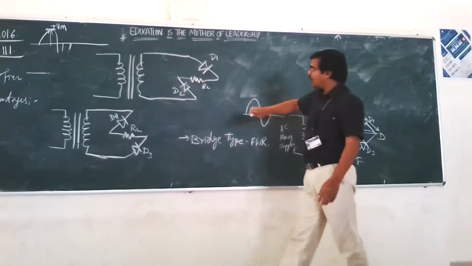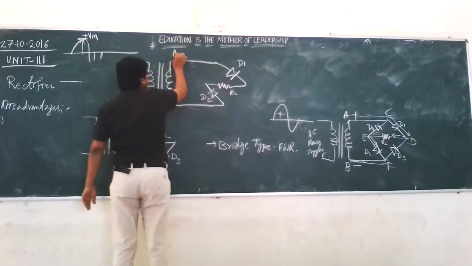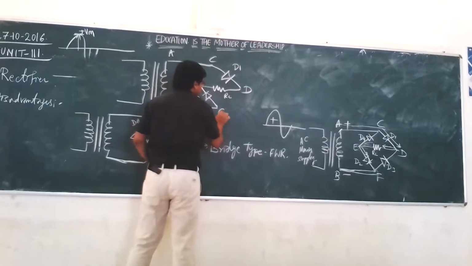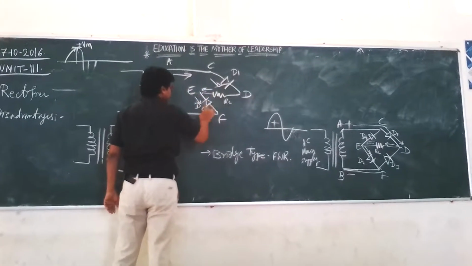So this is A, B, C, D, E, F, and this will be the flow.